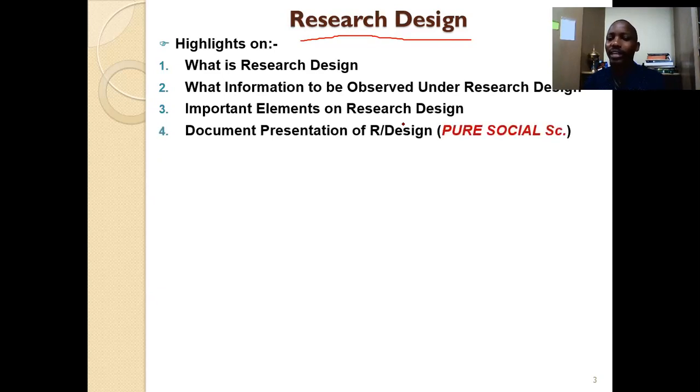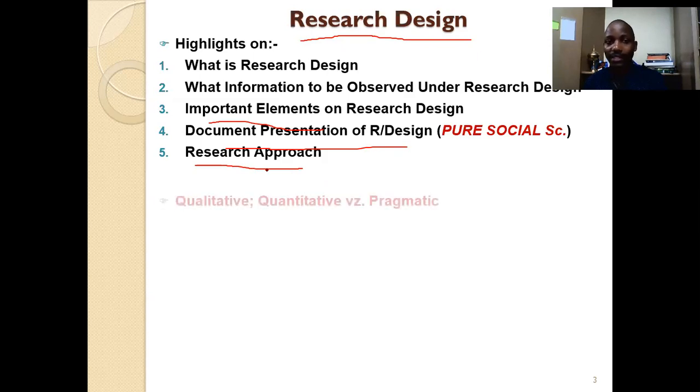How can we present these important elements in a research design while preparing our documents? And what are the research approaches which provide the guiding mechanism for the choice of a particular research design? We will highlight these issues.